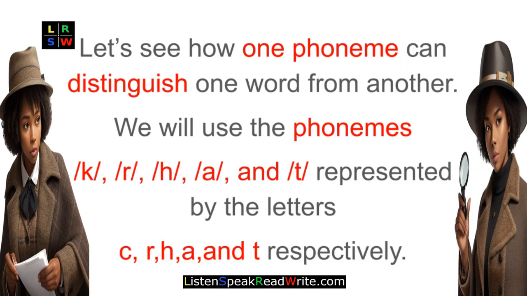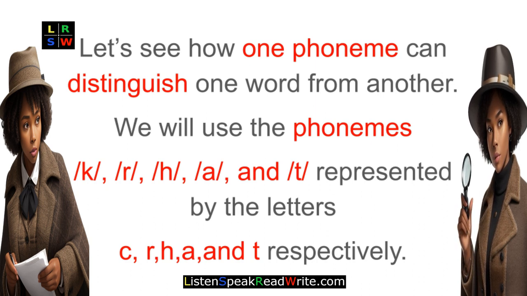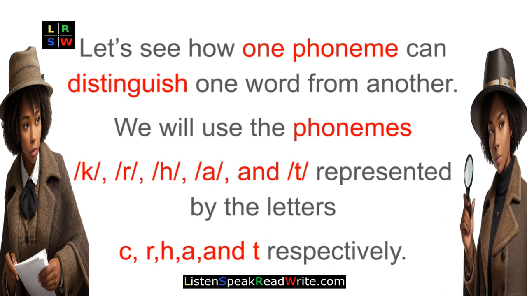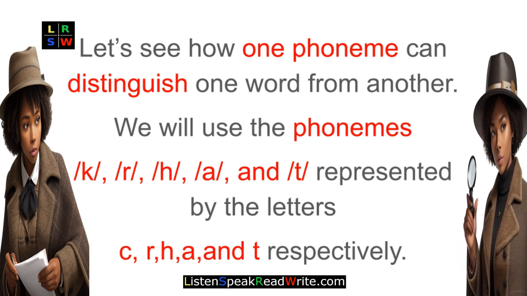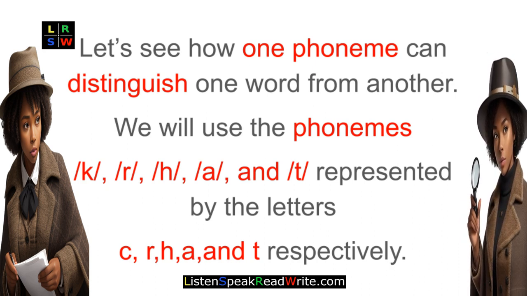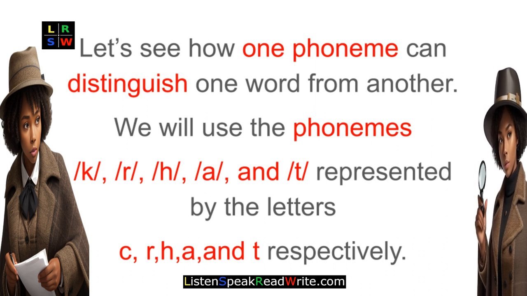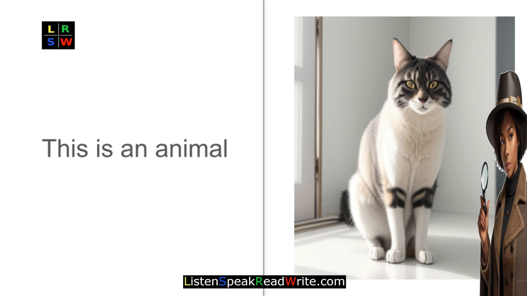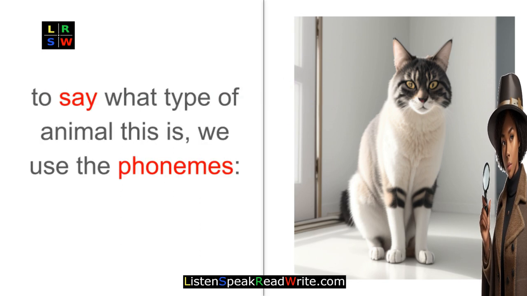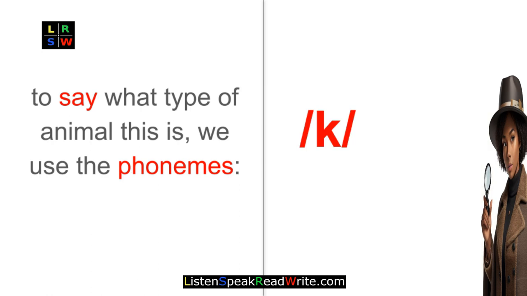Let's see how one phoneme can distinguish one word from another. We will use the phonemes k, r, h, a, and t, represented by the letters C, R, H, A, and T, respectively. This is an animal. To say what type of animal this is, we use the phonemes k, a, t.